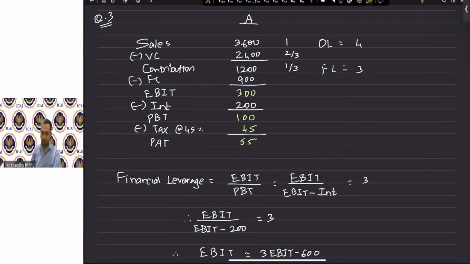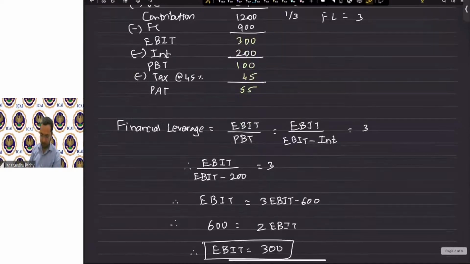Is everyone clear with this part of company A? The question one, company A, clear? Clear, everyone? Okay.